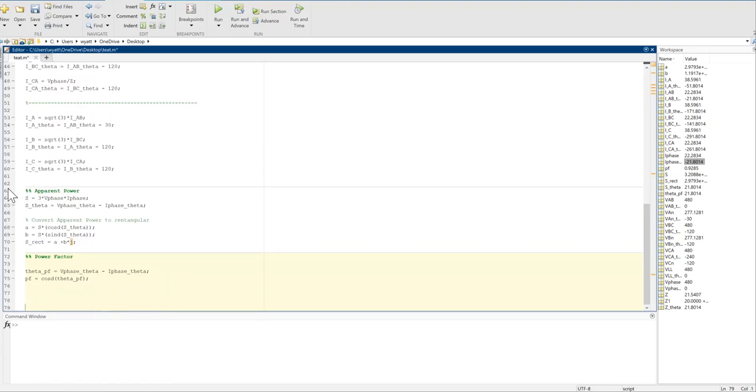So we'll just fprintf. Let's get really repetitive here. fprintf AB is equal to.